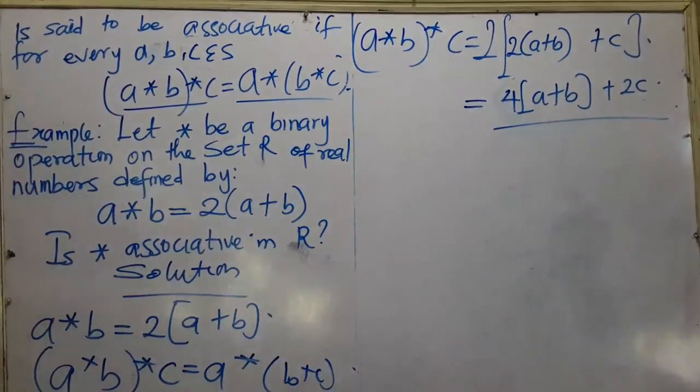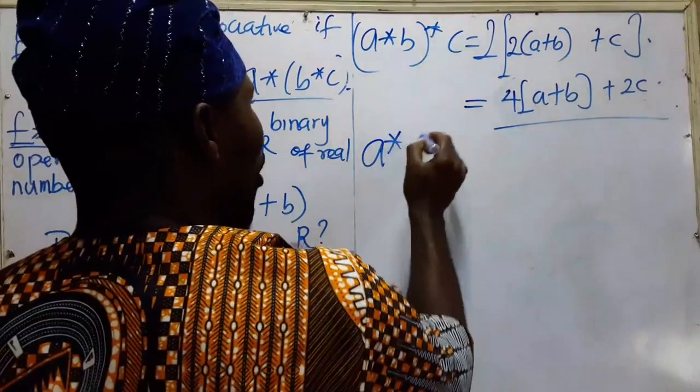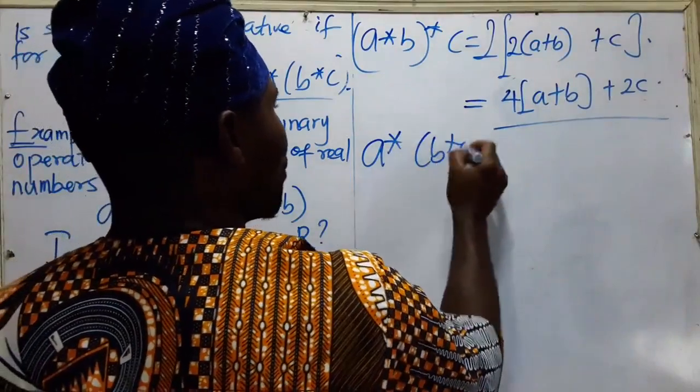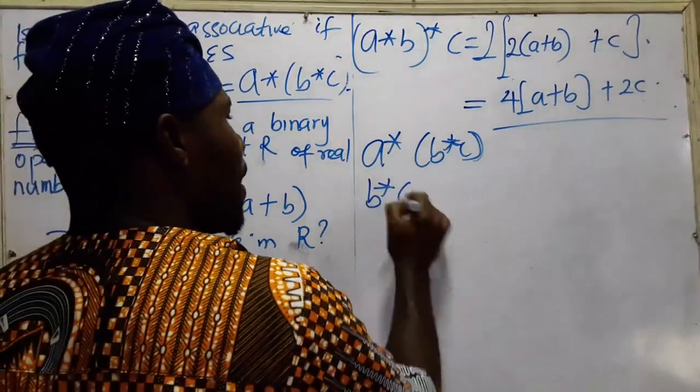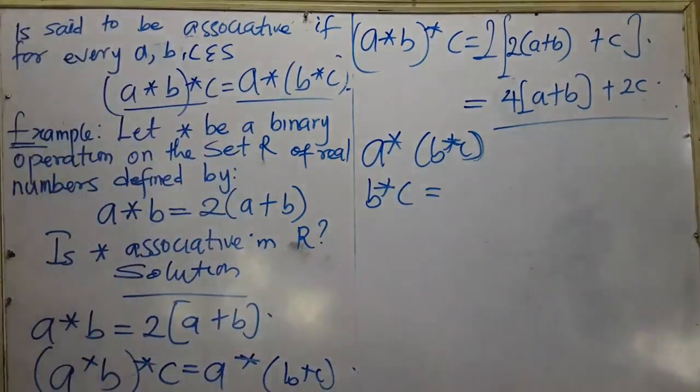Now we need A operation (B operation C). Before we do this, let's first find the value of B operation C. Recall that A operation B is 2 times (A plus B).